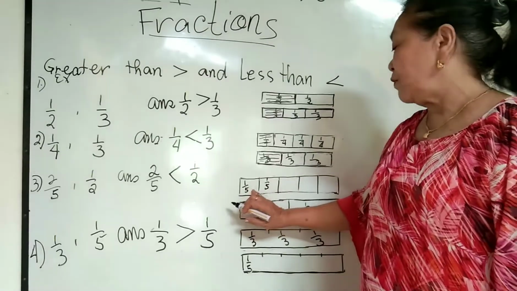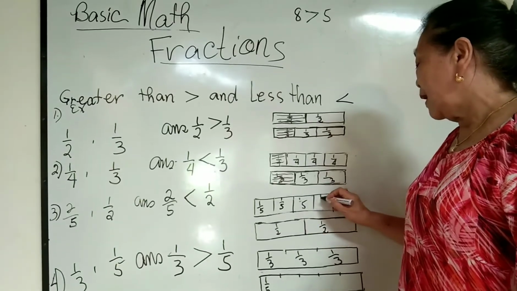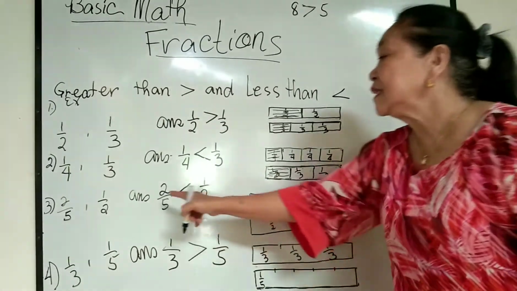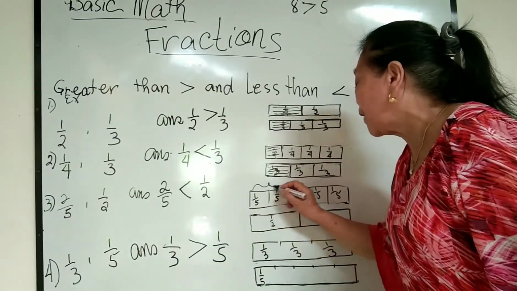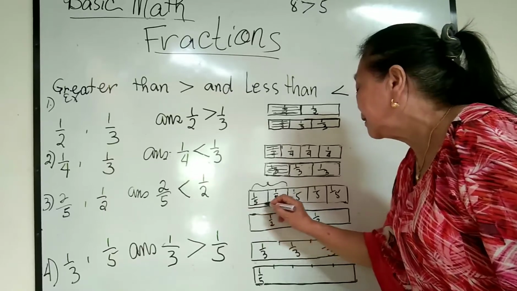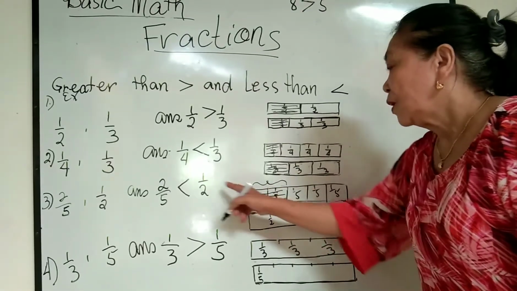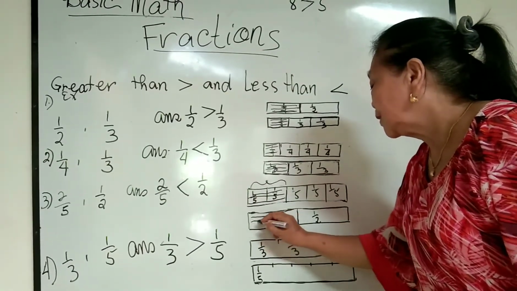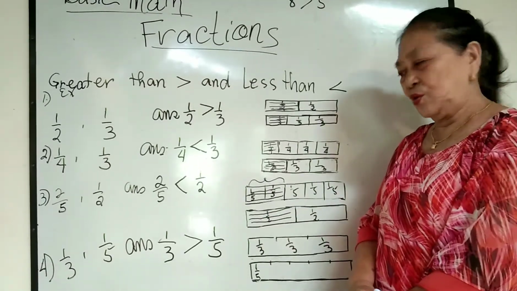This part here is 1/5, another 1/5, another 1/5, another 1/5, 1/5. This is 2/5. So take two parts from here up to there, and then shade this region. Now, 1/2, shade this region. What do you think is greater?